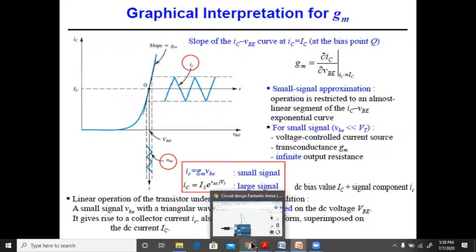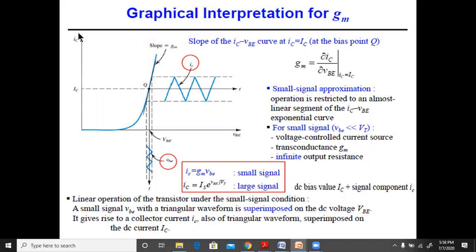Now let us consider the graphical interpretation of this GM. For that we write here the transfer characteristic. What is the transfer characteristic? Input instantaneous voltage versus output instantaneous current curve. Please remember that instantaneous values are what we are considering here.